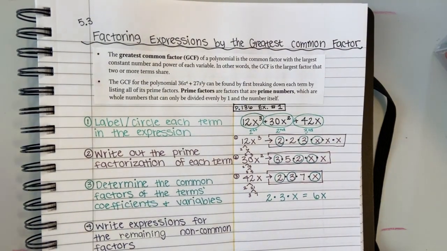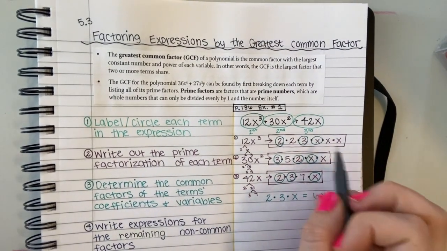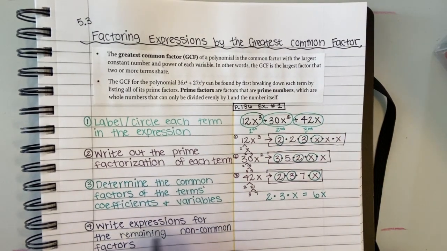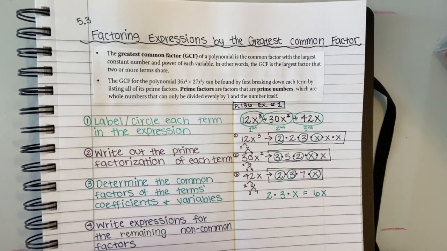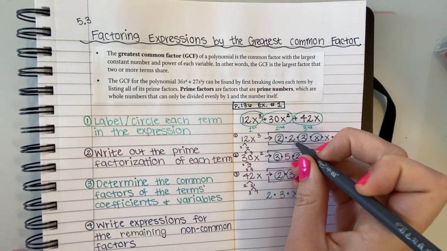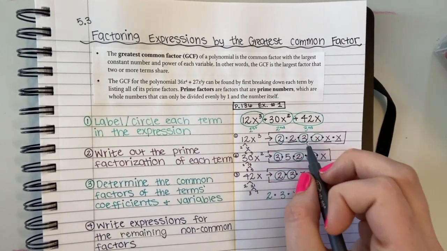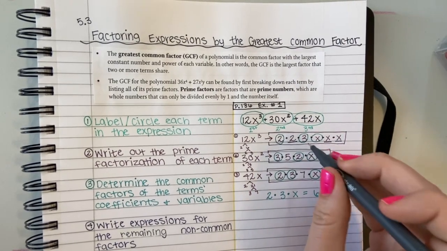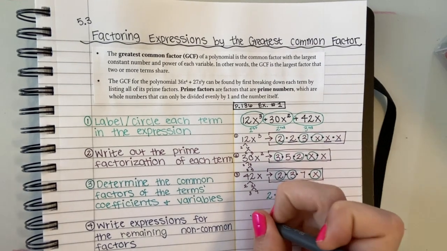What we are going to do next is rewrite this expression by writing expressions for the remaining non-common factors. If I forget about the greatest common factor, pretending those aren't there, what is left in each term?